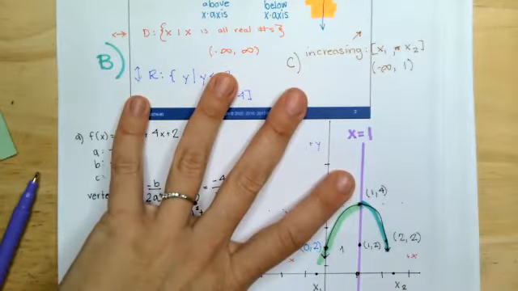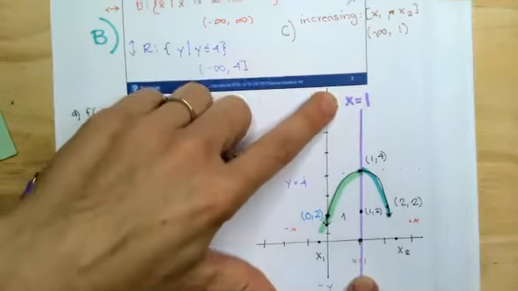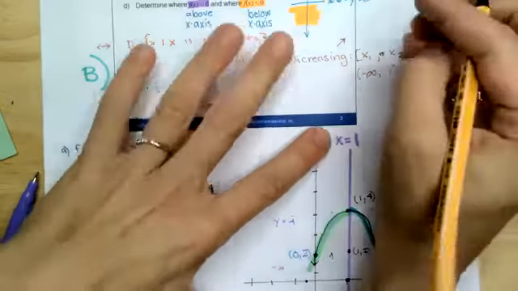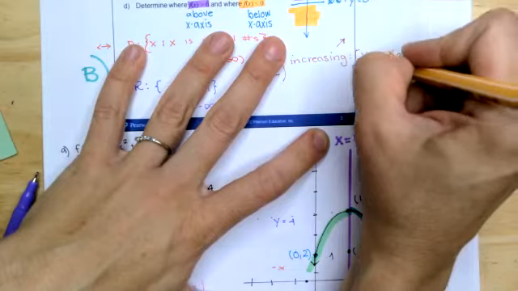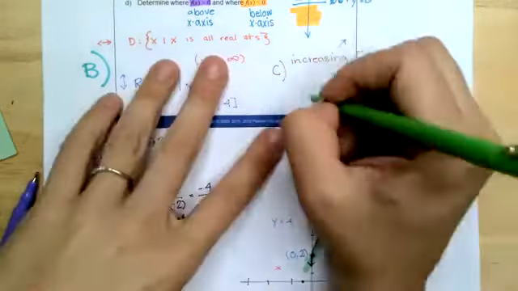It's already labeled. At x equals 1, we stop increasing. But we include that, so it should be a bracket. Then they asked, where is it decreasing? It's increasing from negative infinity to 1.